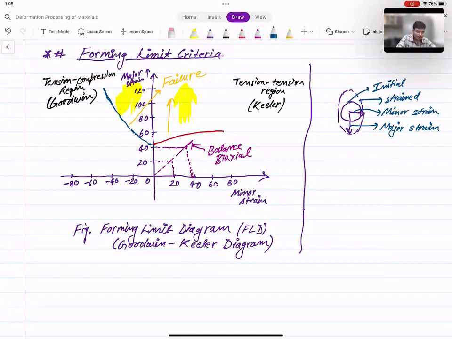Okay, and as I mentioned, in case of balanced biaxial, the circle will simply either expand or collapse. Means it will be circular in shape, it will remain circular, not become elliptical. So in case of balanced biaxial, it will be something like, say, if this was the initial condition, then the final will also be a circle only.